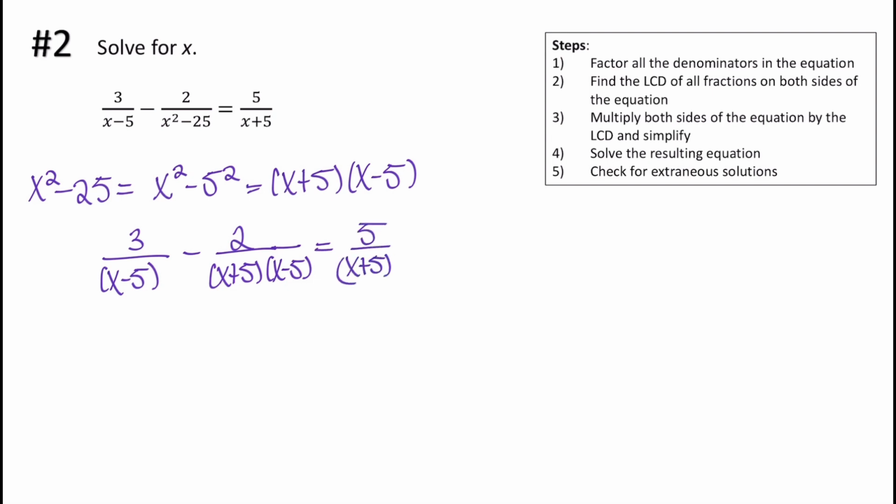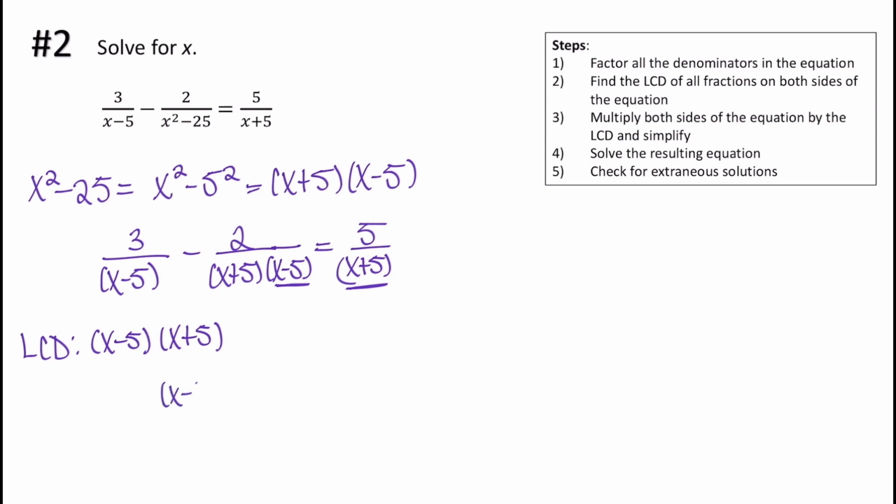Now we need to find the LCD of all the fractions in the equation. The LCD is the least common denominator, so we're going to pick up a factor from each fraction and not repeat any. From the first fraction, we have x minus 5. Then in the second fraction, we have an x plus 5. We have another x minus 5, so we don't need to write it twice, and another x plus 5, so we don't need to write that twice. So we're going to multiply every single fraction in this equation by x minus 5 times x plus 5.